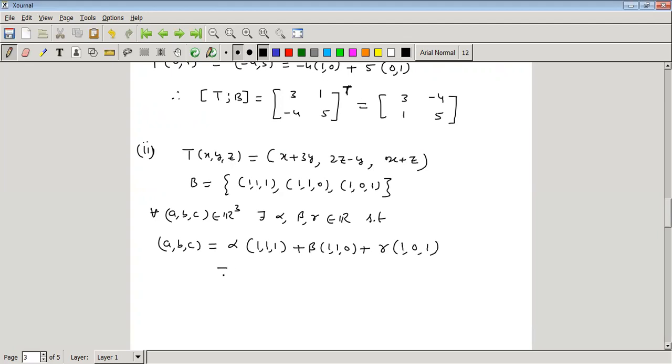So we can write this as (alpha plus beta plus gamma, alpha plus beta, and alpha plus gamma).